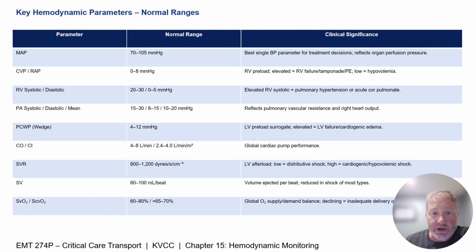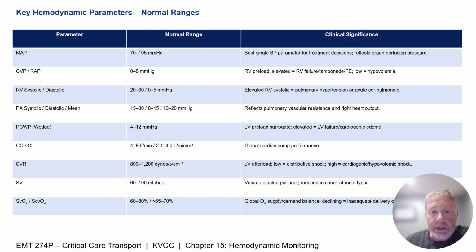The PA pressures, pulmonary artery pressures, reflect right heart and pulmonary vascular load. So an elevated RV systolic pressure leads to pulmonary hypertension or acute cor pulmonale. So certainly things to watch out for.